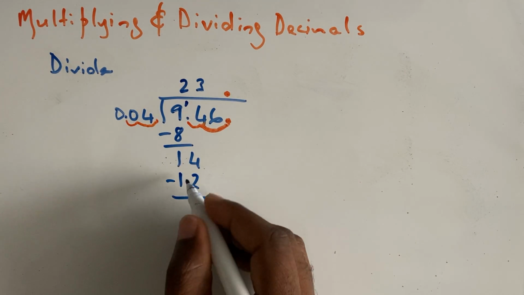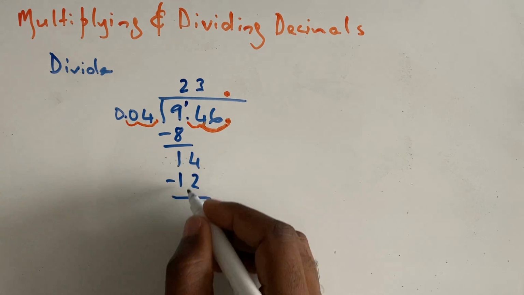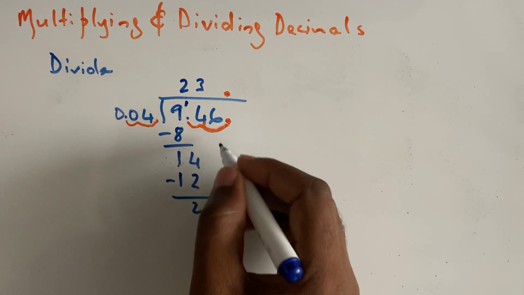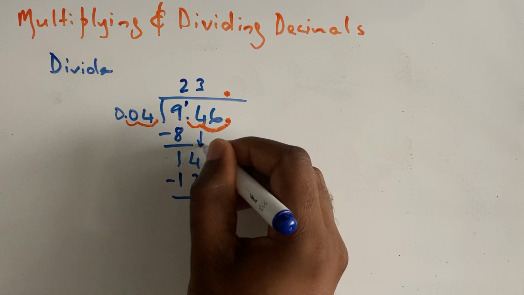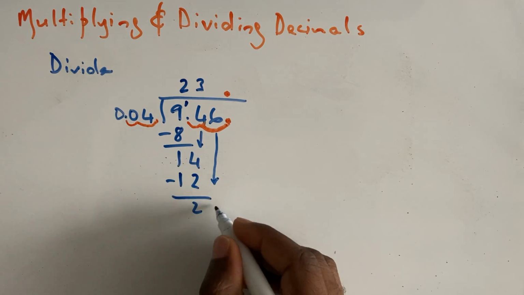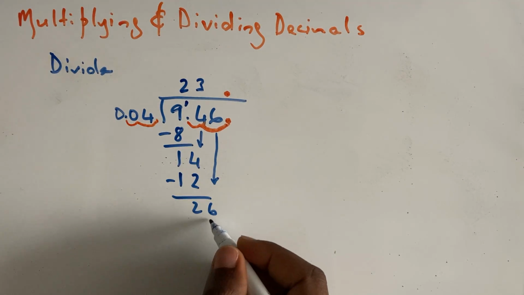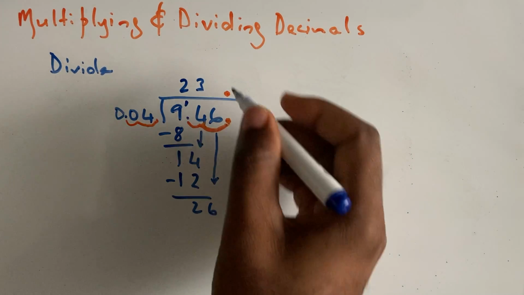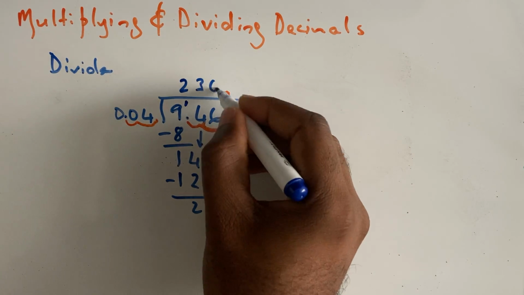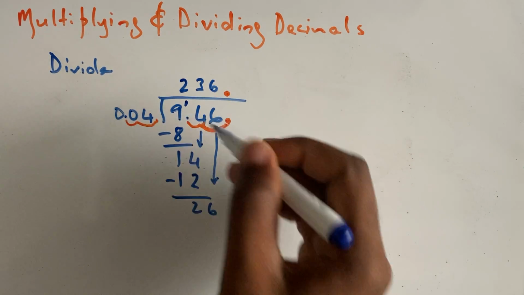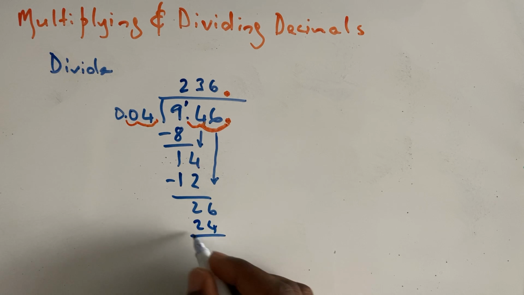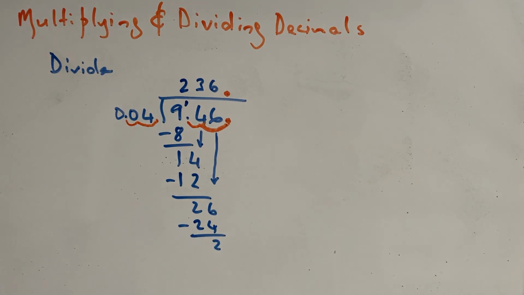You subtract, bring down the next number, 6, and get 26. 4 goes into 26 6 times, because 6 times 4 is 24. Subtract again, this is 2.